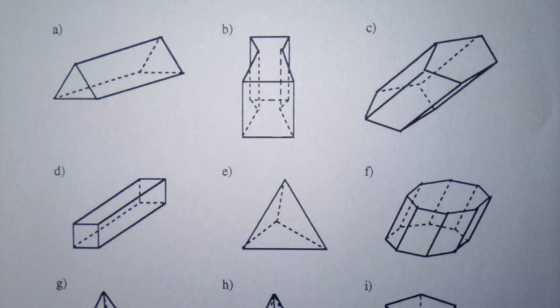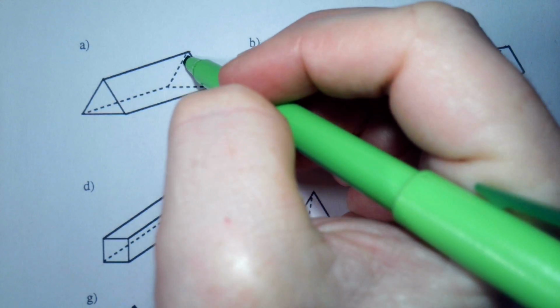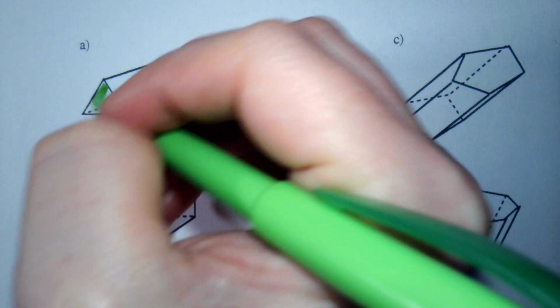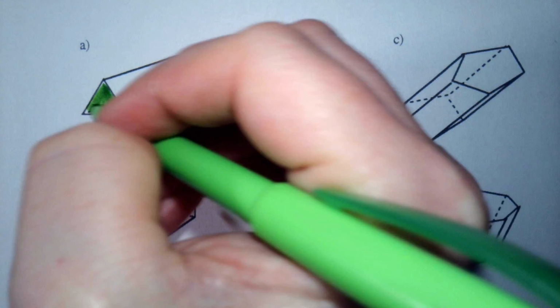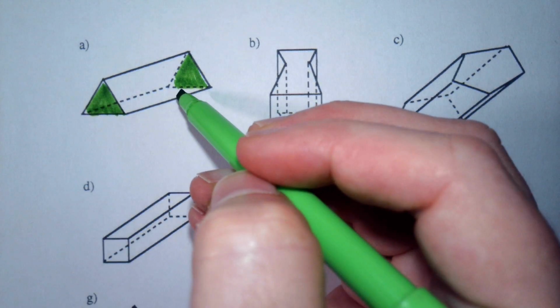Now remember, with a prism, it has to have two congruent parallel bases. Okay, and for letter A, that's actually the front triangle and the back triangle. Okay, so these are the bases, not what's on the bottom.